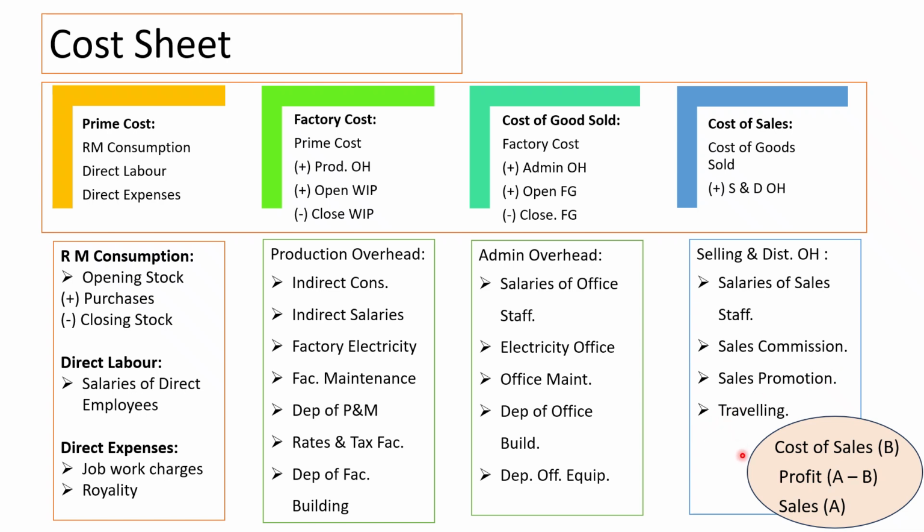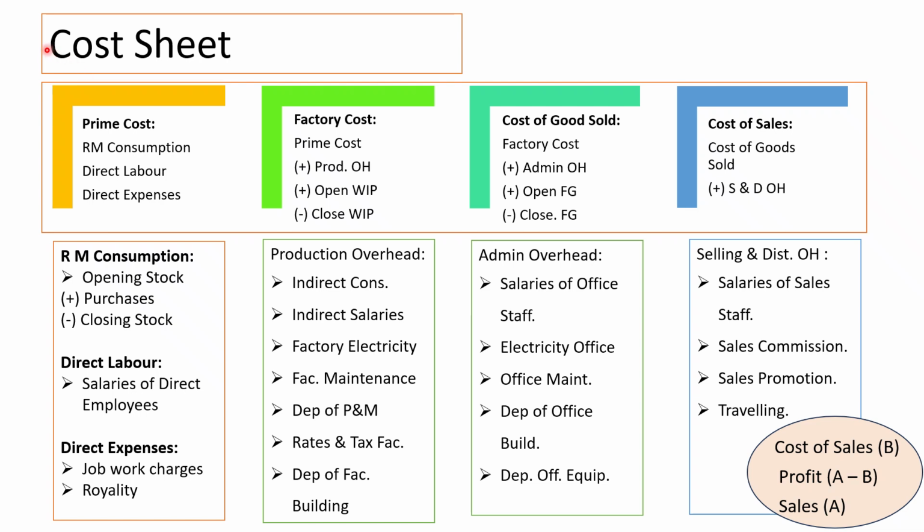With all this, you will get cost of sales, and if you add profit to this, you will get sales value. Or if the sales value is already fixed, then sales minus cost of sales, you will get the profit.